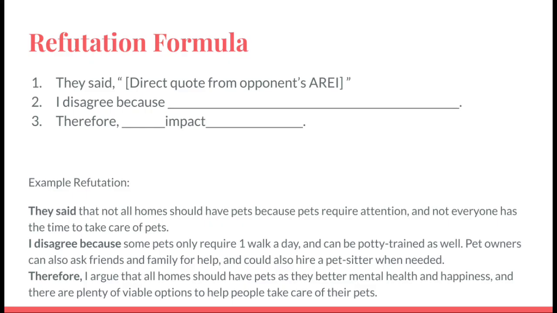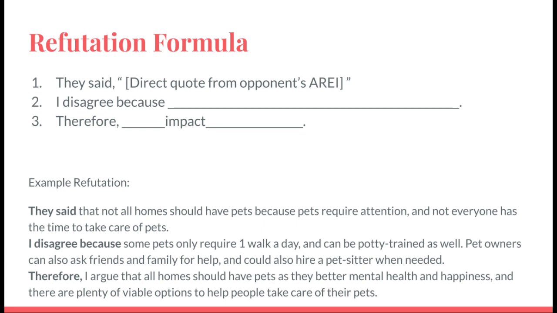With this, let's talk about refutations. For refutations, there is a specific formula that a lot of judges prefer you to use just because it's very good to sort things out and be organized for not only yourself but also your opponents and your judge. So the first thing you say is "they said," and then you say what the opponent said that you're trying to refute.